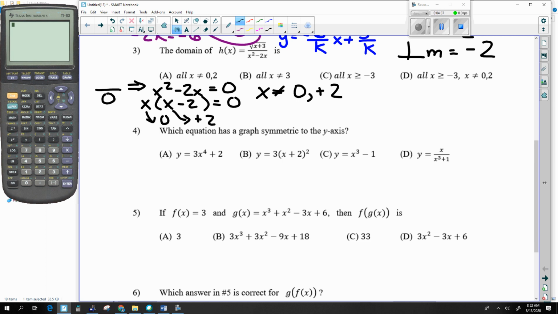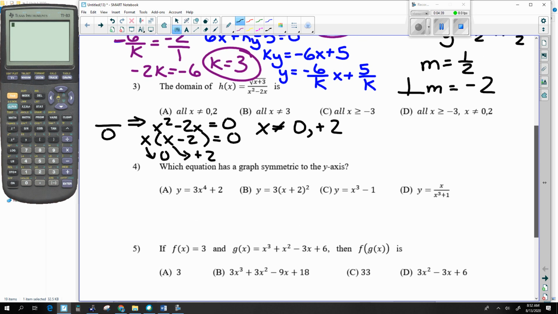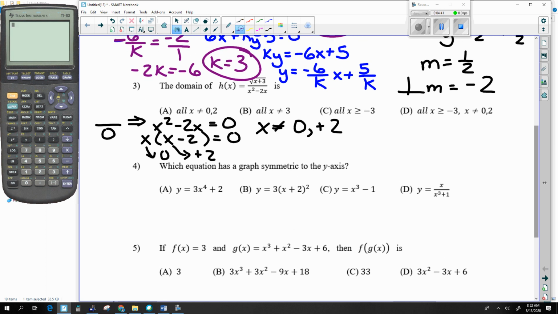But that's not the only illegal mathematics that could exist in this formula. What I could also have is a square root of a negative number. All right, so anytime that I get a square root of a negative, it's not okay. So that means this x plus 3 has to be bigger than or equal to 0. It must be, otherwise it's not okay.